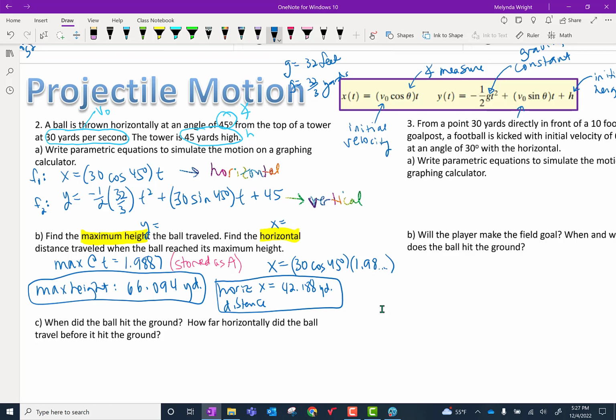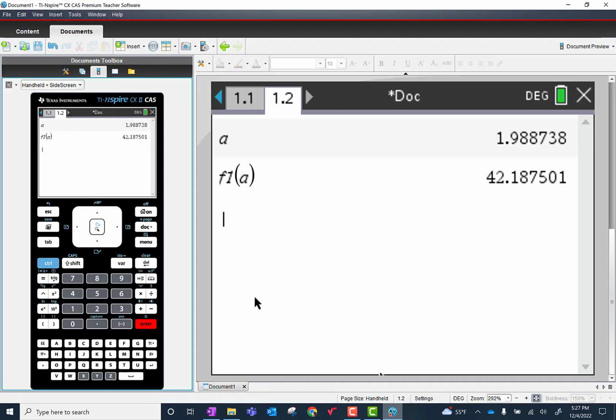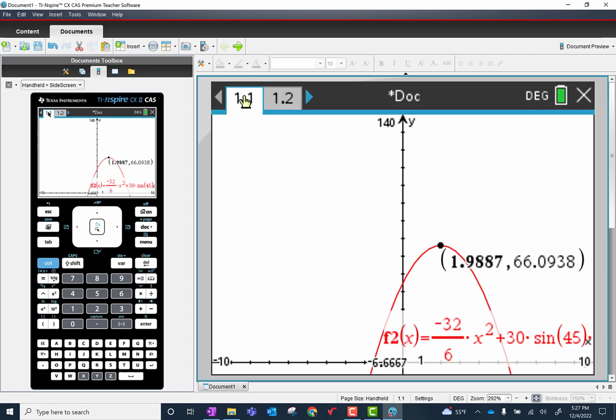All right, how are we doing? Okay, so last part of this particular problem, it says, when did the ball hit the ground? Let's think about what that means. Let's look at the graph again. Let's go back to our grapher.